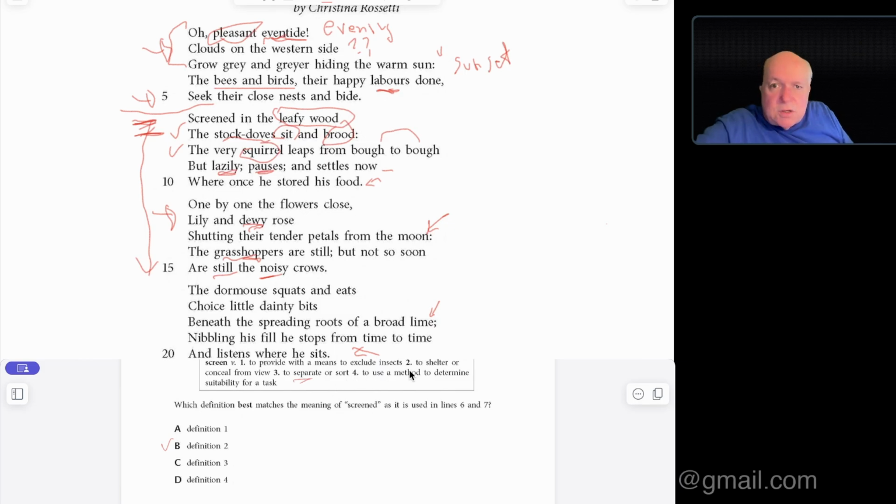It's more like two, sheltering and being hidden from view. And then 4, to give a method to determine suitability for a task. That's like screening, if normally you were taking a test to be screened and determined what grade you got. So that's not 4. So we're really talking about B there.